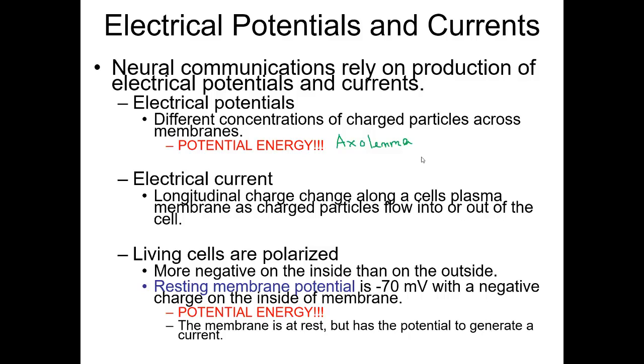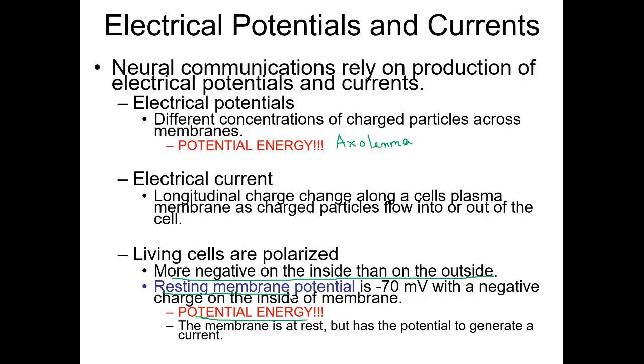There is potential energy inside this axolemma. You have more negative charge inside and more positive charge on the outside. I will explain why this is in a separate video. This results in potential energy being present in the axolemma. This is called resting membrane potential.